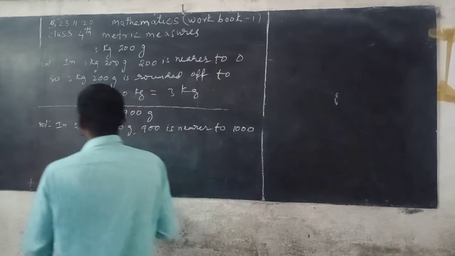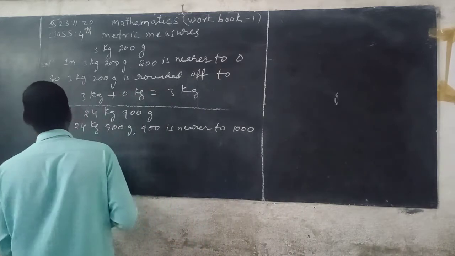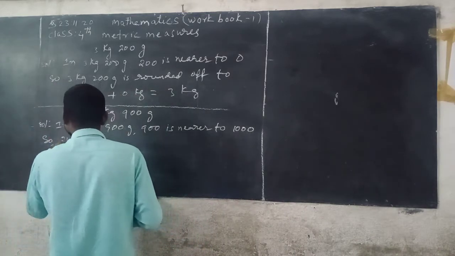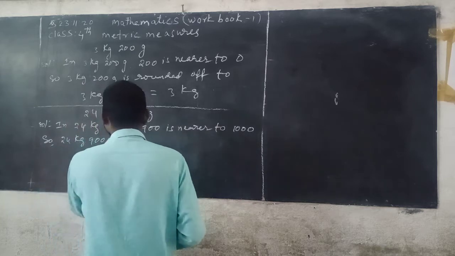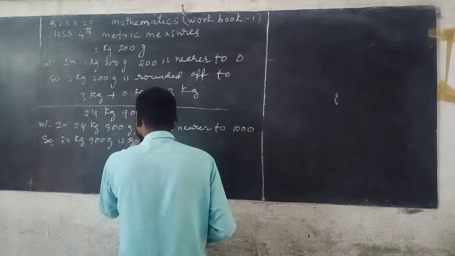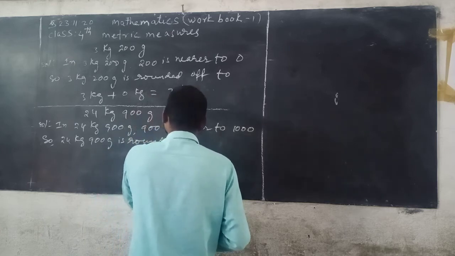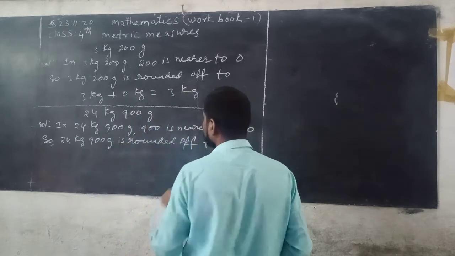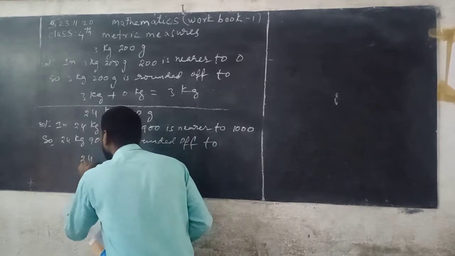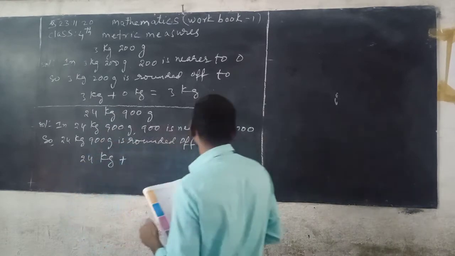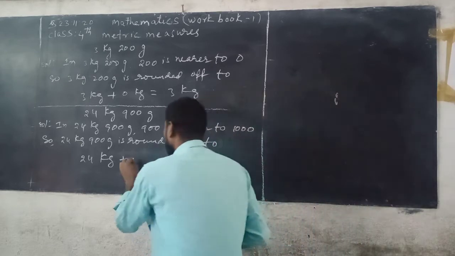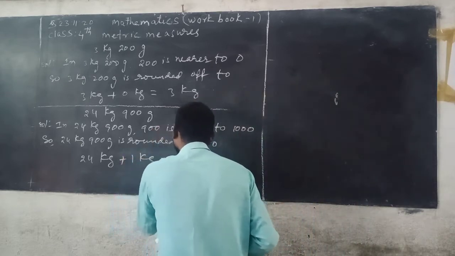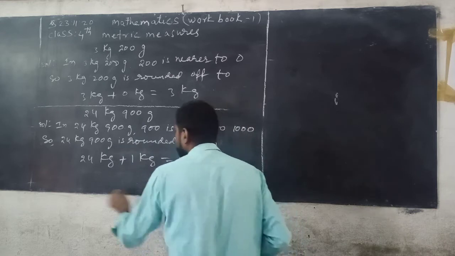So 24 kg 900 grams is rounded off to 24 kg plus 1 kg. So you can get 25 kg. Write down everybody.